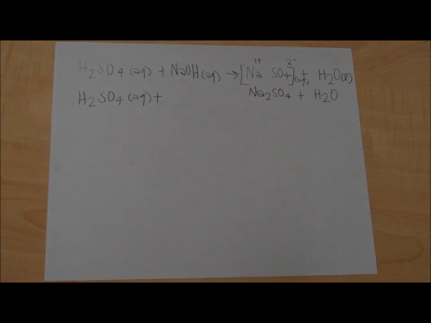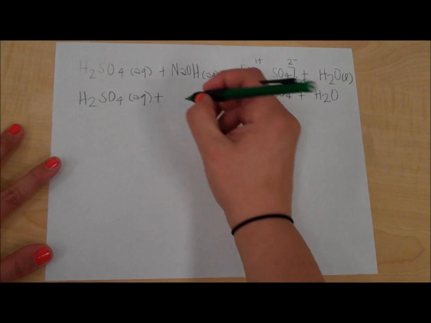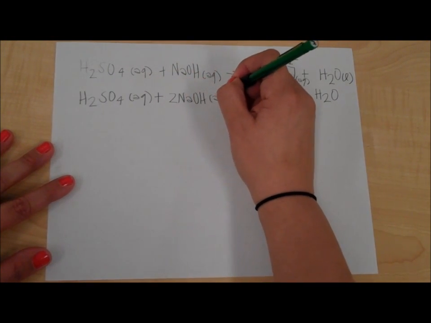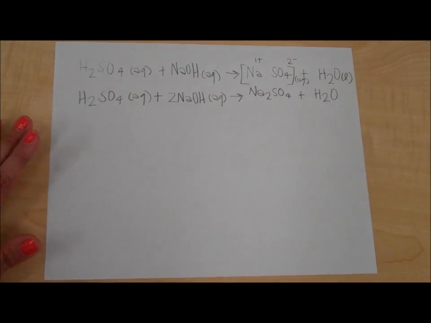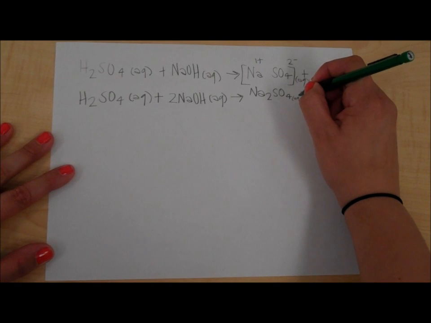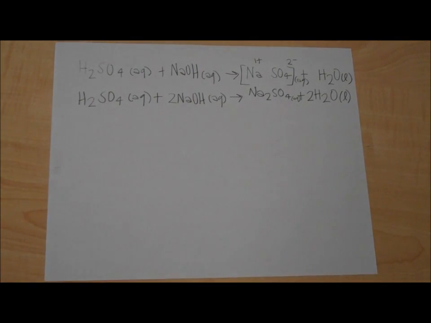So we know we have to add a 2 from this Na over here. So it's 2 NaOH, but it's still not balanced. So we add a 2 right here. And now you can check it, and it is balanced.